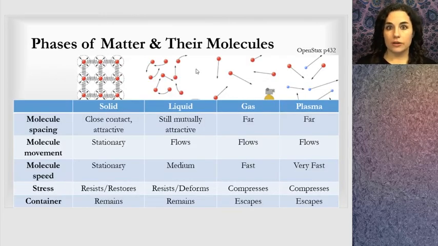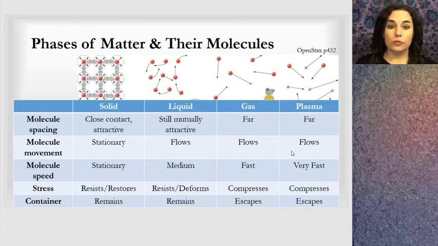The phases of matter and their molecules thus have different qualities that we look at. I just talked about molecule spacing, how close they are, whether they're still attractive or if they're really far apart and just randomly bumping into one another. The molecule movement can also be distinguishing.